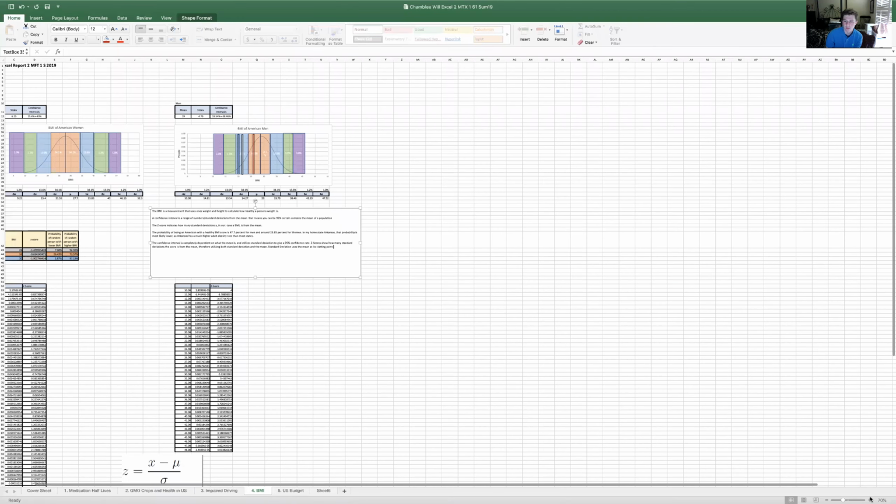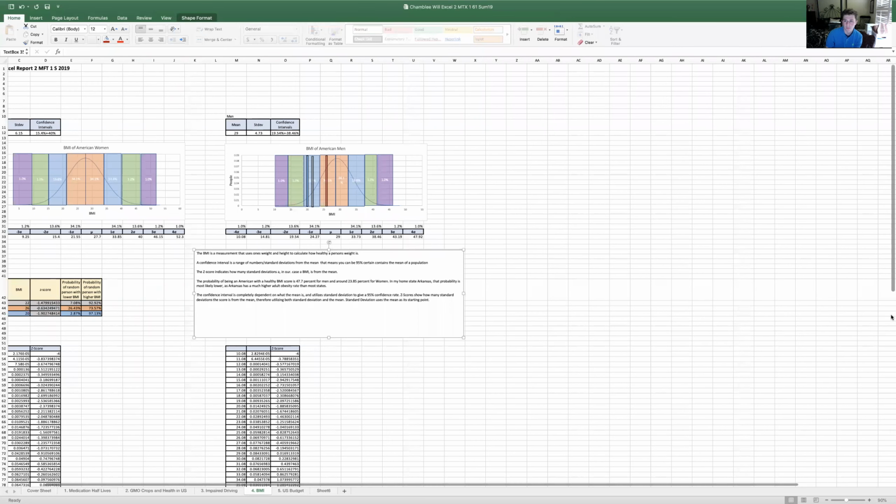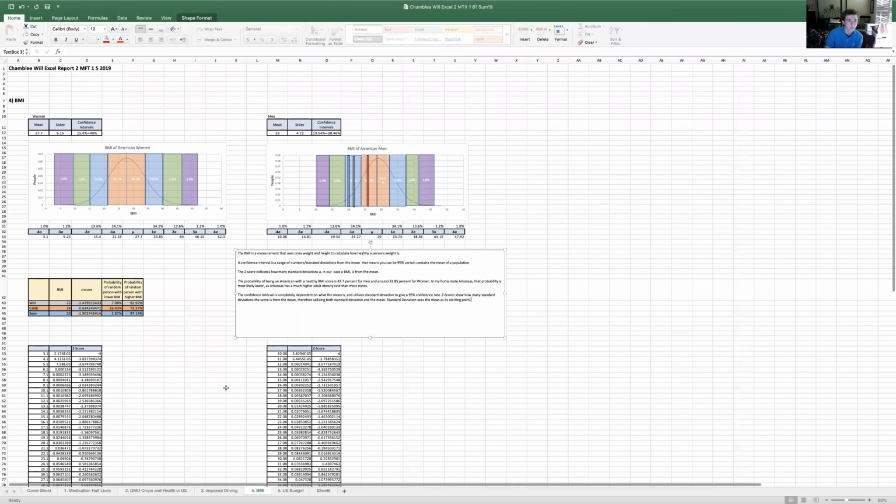All right, let's zoom in a little bit here. Talking about BMI now on our fourth. See the women and the men standard deviations. For my chart, I took me and my two friends, so all of our BMIs are on the men's side because we're men. But we'll talk about the women real quick. You see the spread right here. Bigger standard deviation, so more of a variety for women than men.